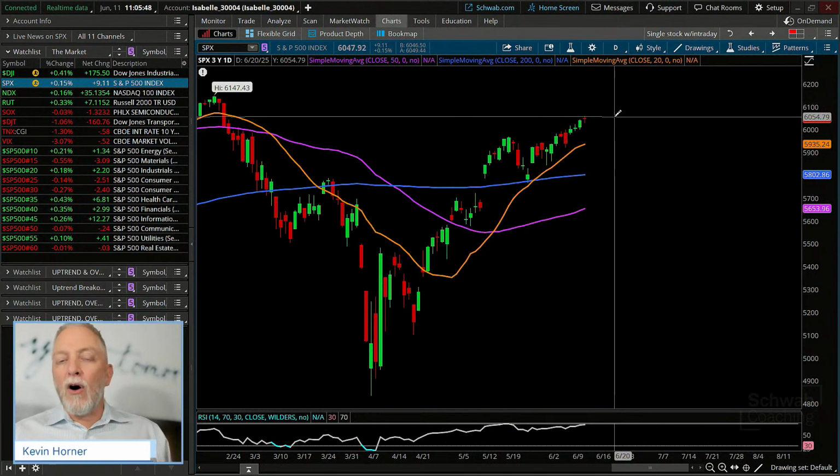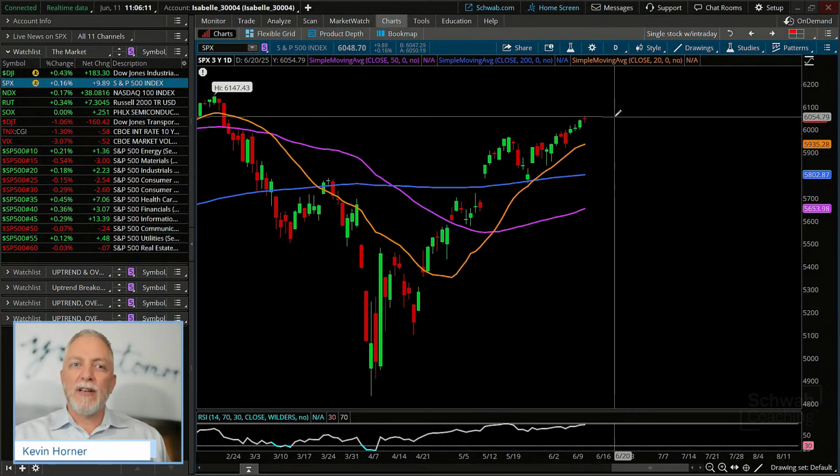Remember, not all pullbacks happen in the form of price. We can get a pullback that just moves sideways where we aren't trending higher necessarily. I'm going to use my favorite word that many of you who watch these shows know: we meander sideways, right? We just kind of migrate slowly to the right as time passes.